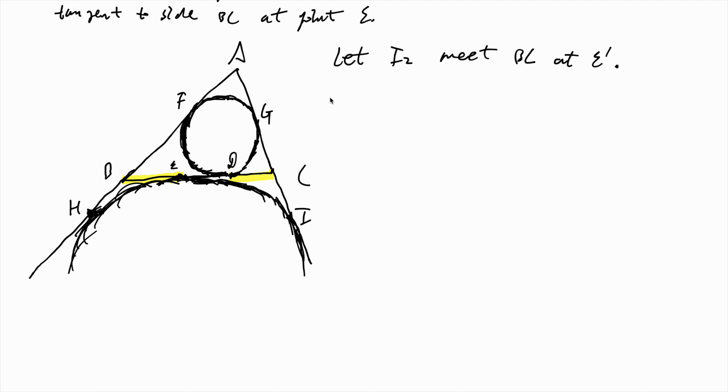Now notice that CD is equal to, let's just write information that we know, and that might be useful. We know that this is true. We also know that, whoa, my drawing is really bad, but E prime C is equal to CI.